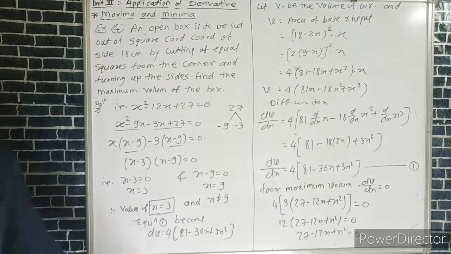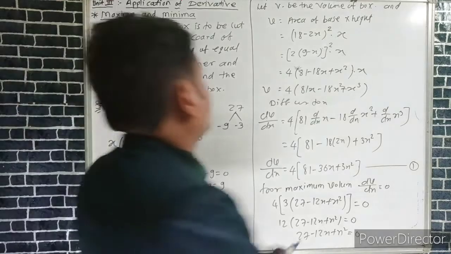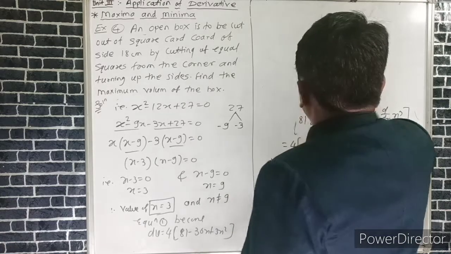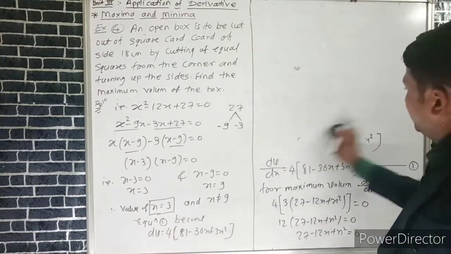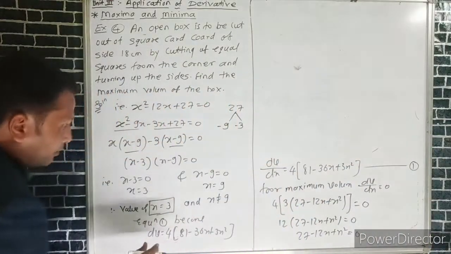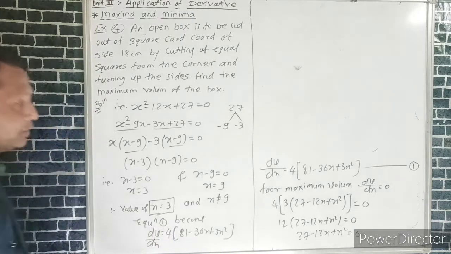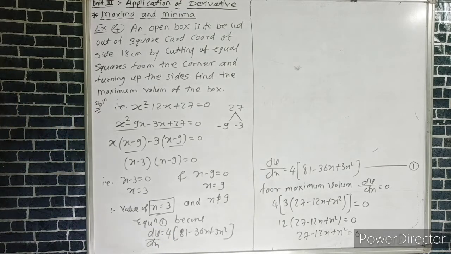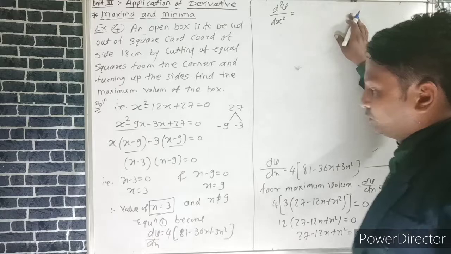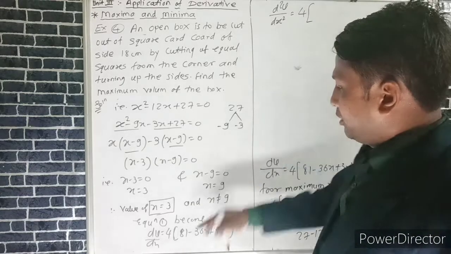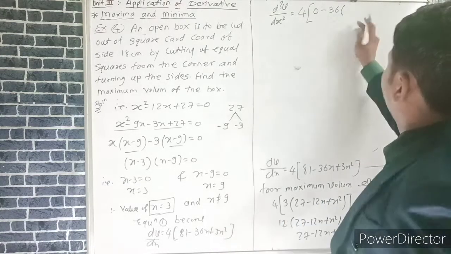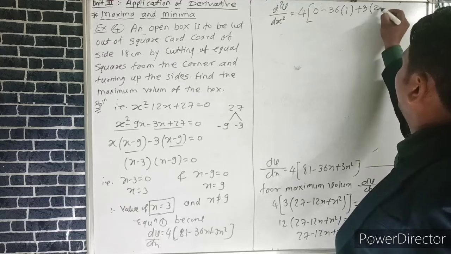Now the derivative of this, the second derivative, is d2V upon dx square, equal to 4 into the derivative of 81, which is 0, minus 36 into the derivative of x, which is 1, plus 3 into the derivative of x square, which is 2x.